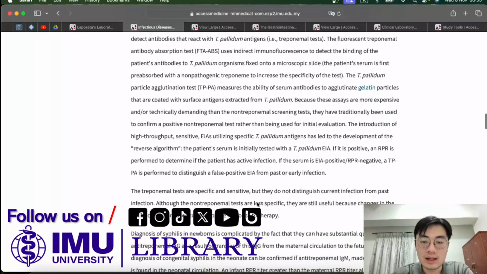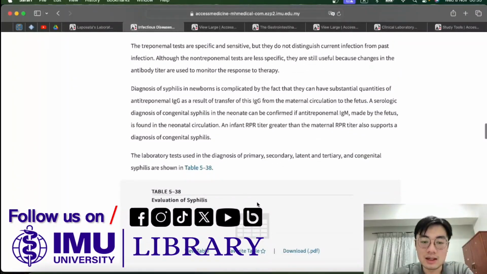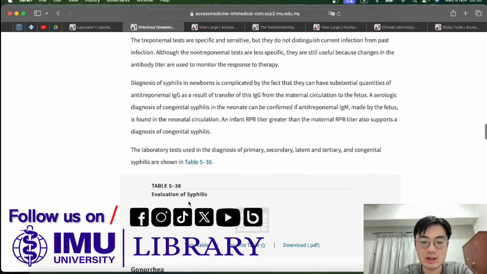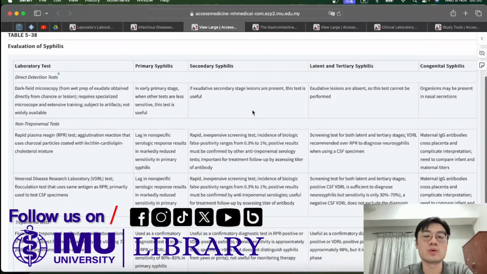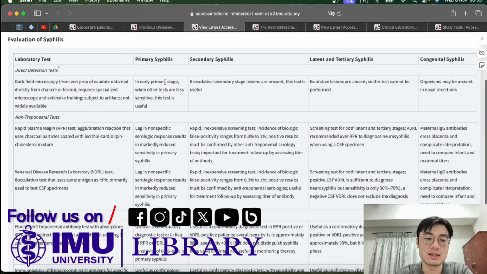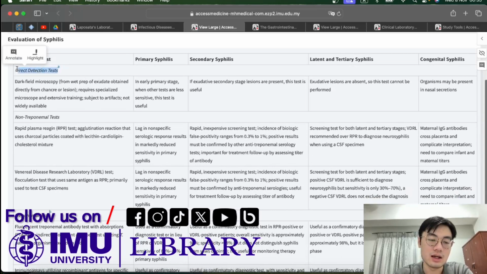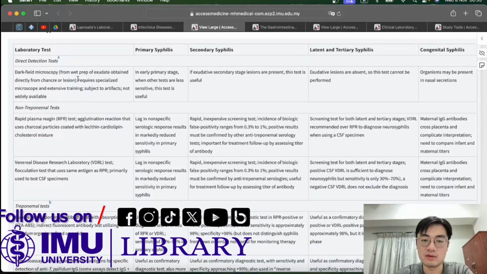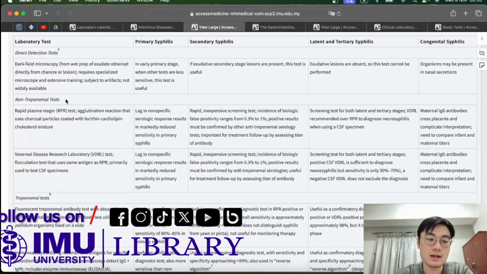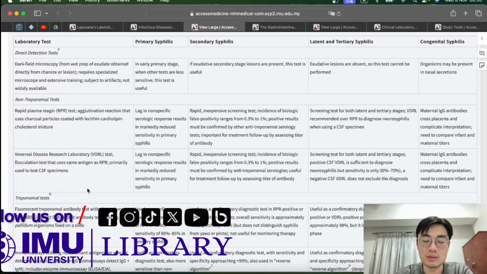So this all explains the tests that can be done, but what I really prefer to see is the tables. As you can see, there's a table here for evaluation of syphilis. When you click this table, it brings you to this page. From here, you can directly see what tests they usually do for syphilis. There are also subtopics like direct detection tests, like dark field microscopy, and then the treponemal and non-treponemal tests.